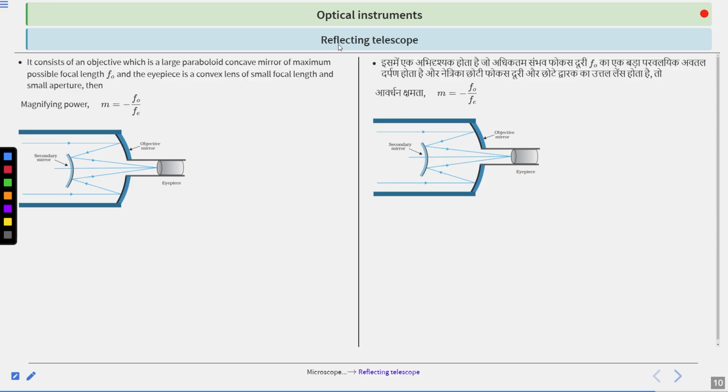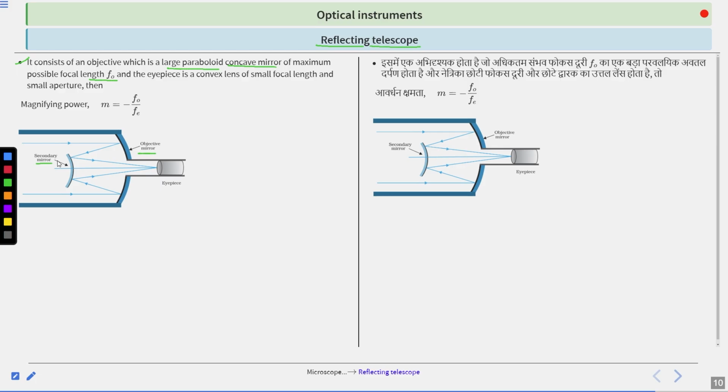Next is reflecting telescope. It consists of an objective which is a large paraboloid concave mirror of maximum possible focal length fo. So this is the simple diagram of the reflecting telescope. There are two mirrors. First mirror is known as the objective mirror, and the second mirror is the secondary mirror.